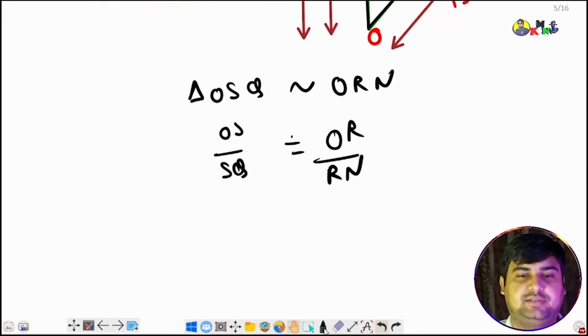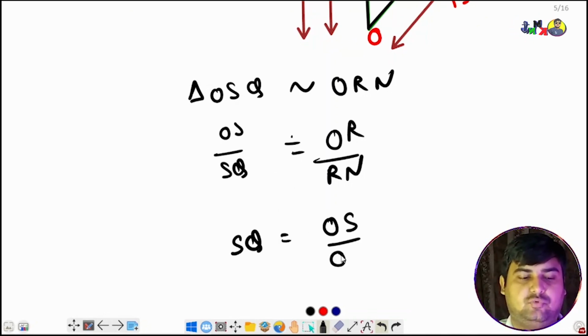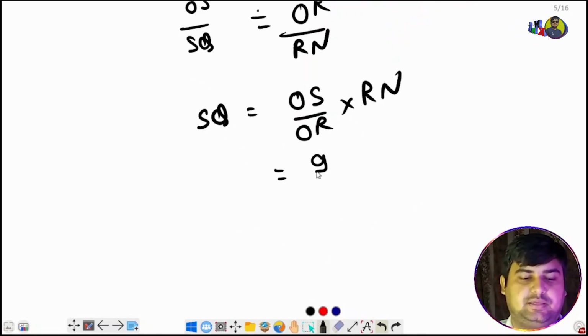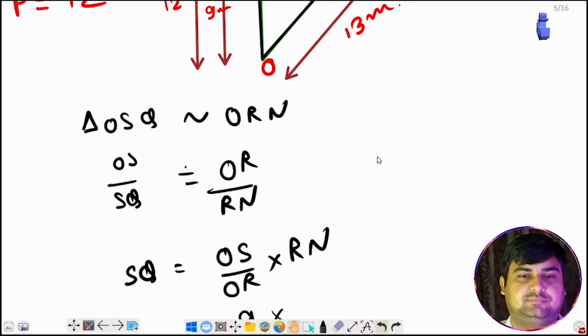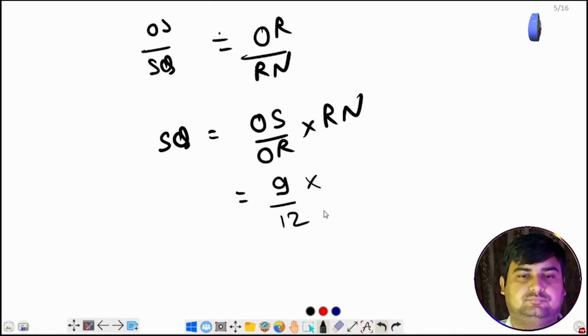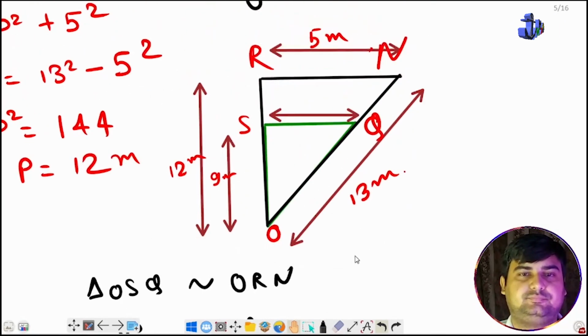This is a simple similar triangle, and now we will insert the values. SQ is equal to OS upon OR into RN. OS is 9 meters, OR is 12 meters, and RN is 5 meters.